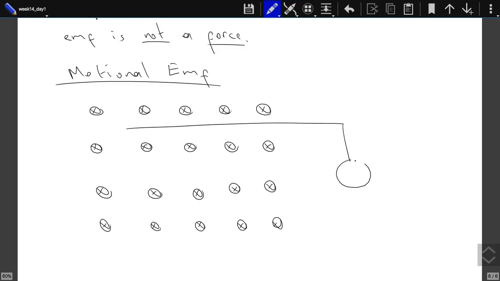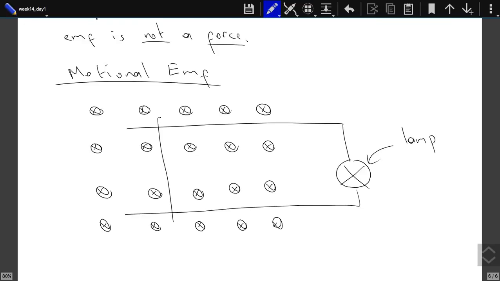Let's have such a circuit. This is our lamp. And let's put a rod over here. And let's assume that this rod is moving with a velocity v at a given instant.